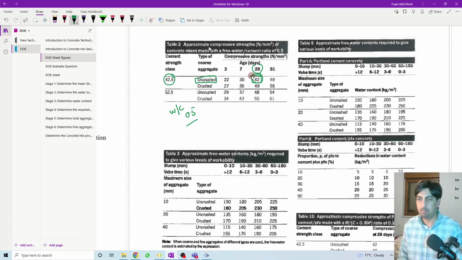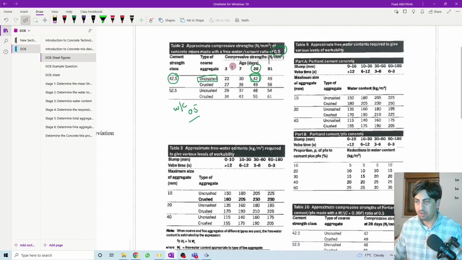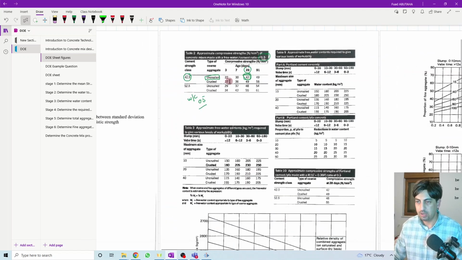So this table gives the approximate compressive strength in megapascals of concrete mixes made with a water to cement ratio of 0.5. So this is the compressive strength at 0.5 based on the class of cement you use and the source of the aggregate. So this is the first step for determining the water cement ratio: to get the value here, which is 42 megapascals when we are using 0.5.